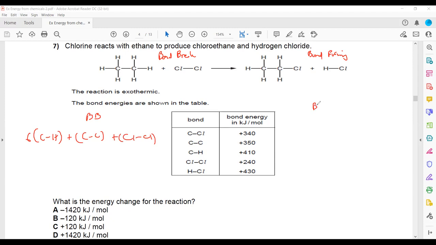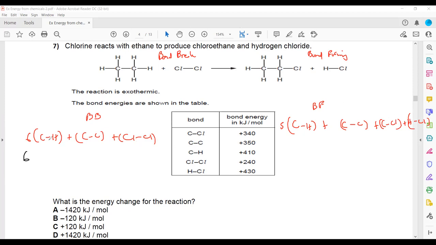The bond forming: 1, 2, 3, 4, 5. So 5 C-H bonds are there, 1 C-C bond, 1 C-Cl bond, and 1 H-Cl bond. We'll substitute the values.